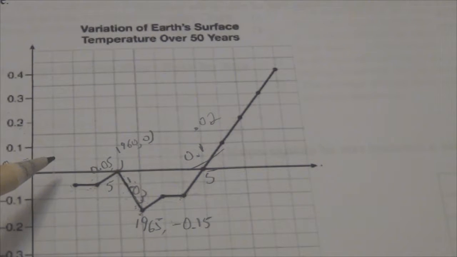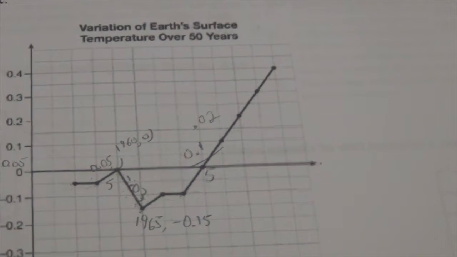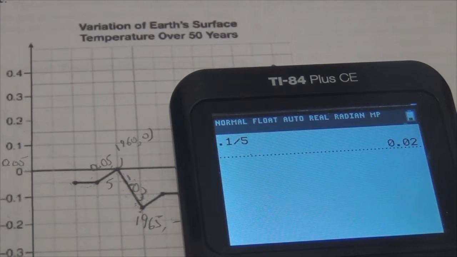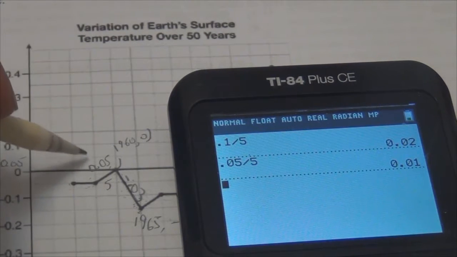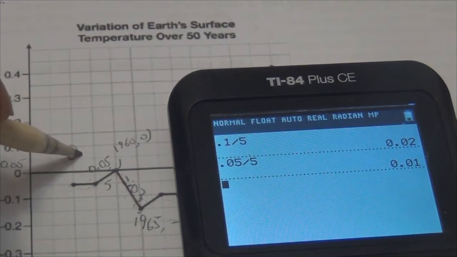Wait, no, something is not right. I didn't measure this one. What was it again? Let me see, 0.05 divided by 5. Okay, the variation here was 0.01.